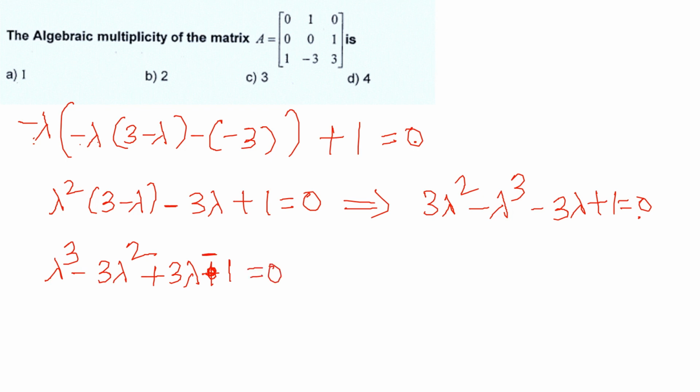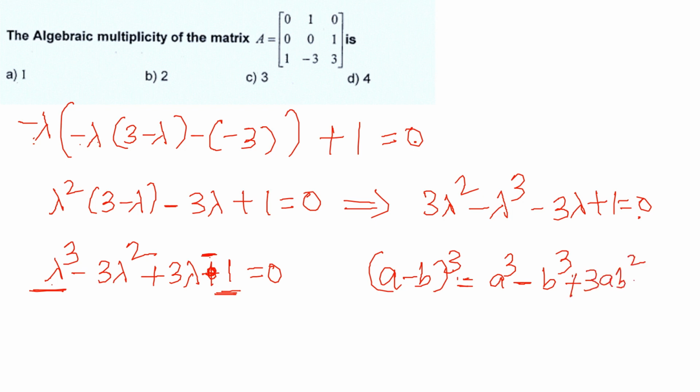Now if you observe this, this is a cubed and this, let's say, is b cubed. Here the minus symbol is there, so it is in the form of a minus b whole cubed, because a minus b whole cubed is a cubed minus b cubed plus 3ab squared minus 3a squared b. Here a equals lambda, b equals 1. You can see that a cubed is lambda cubed, minus b cubed is minus 1, plus 3 lambda, minus 3 lambda squared. This is what we got.